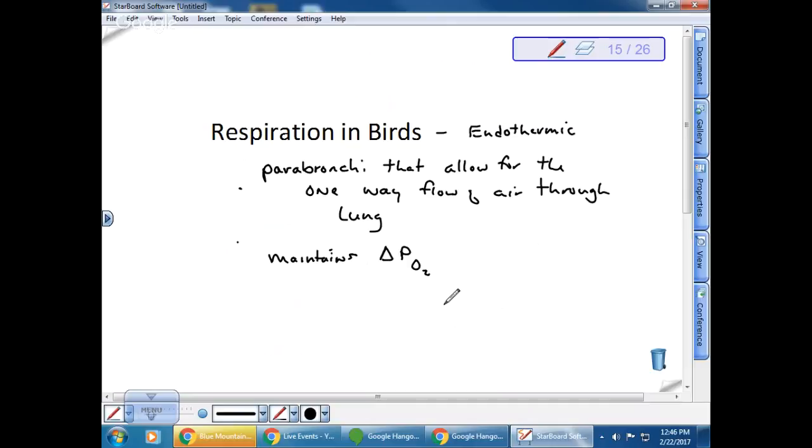So if we don't breathe deeply, sometimes we can be oxygen deprived. If we breathe deeply, we get more of the surface ventilated. Birds do not have this problem in that they do not have a sac where their respiratory membrane is maintained. So they also have air sacs.